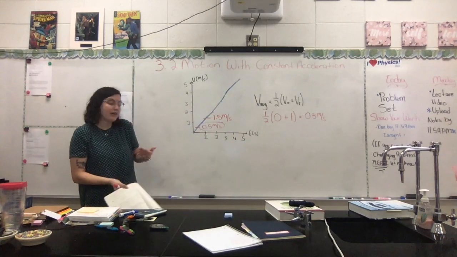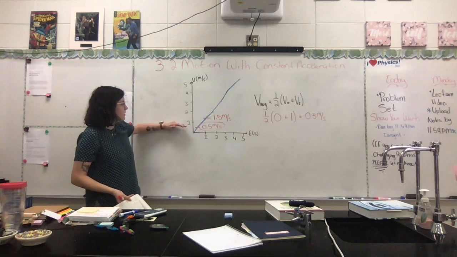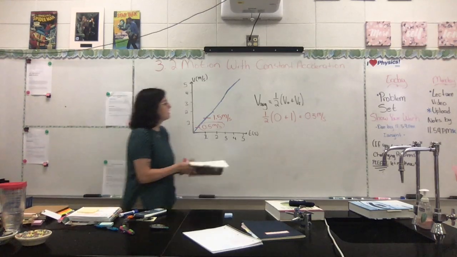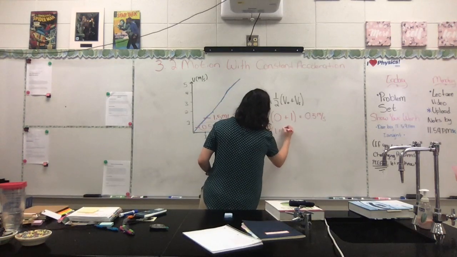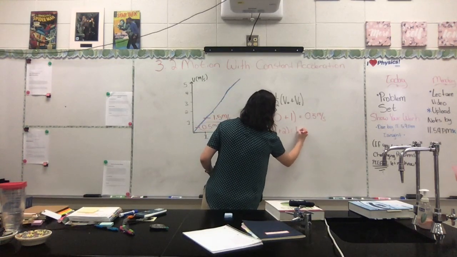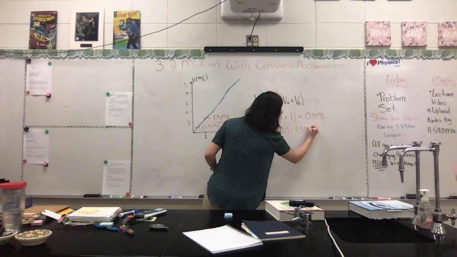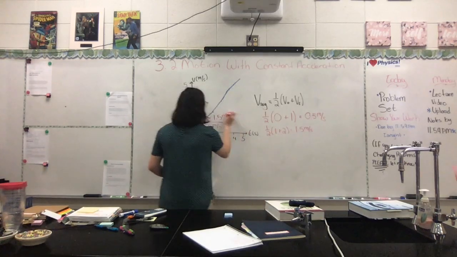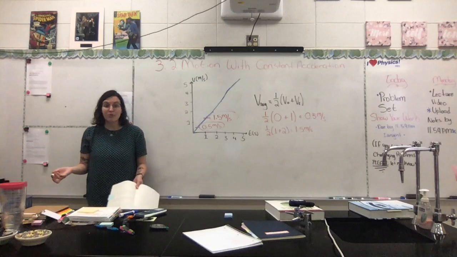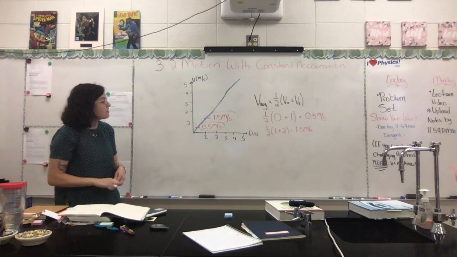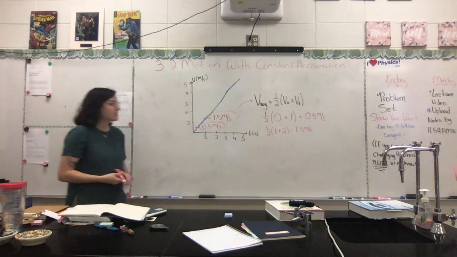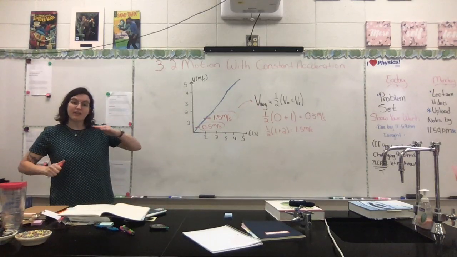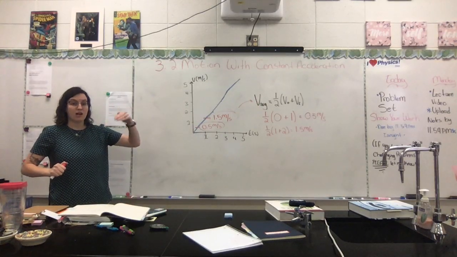If we want to find our average velocity between 1 and 2, we have 1/2 (1 plus 2), and that gives us an average velocity of 1.5 meters per second, like I said we have. So this is our equation for average velocity: the average velocity is equal to 1/2 of the initial velocity plus the final velocity.